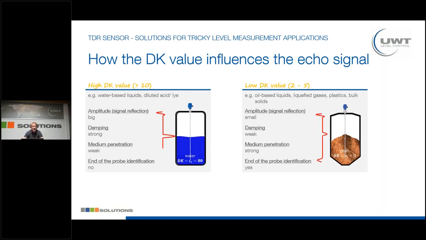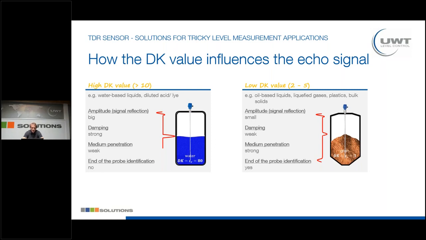So when we have a medium with high decay values of greater than 10, examples are water-based liquids, related acids, or lye, the amplitude of the signal reflections is really big, because we get a lot of energy reflected from materials with high decay values.